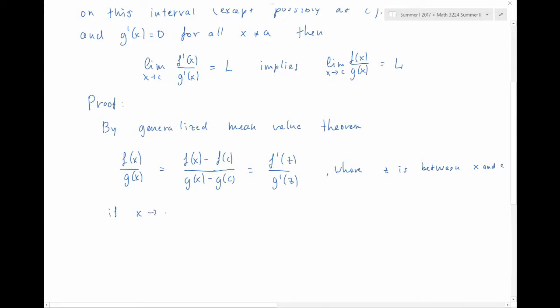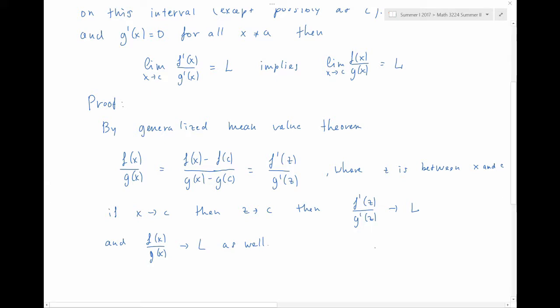If x converges to c, then z has to converge to c. Then f prime of z over g prime of z converges to L, and f of x over g of x converges to L as well.